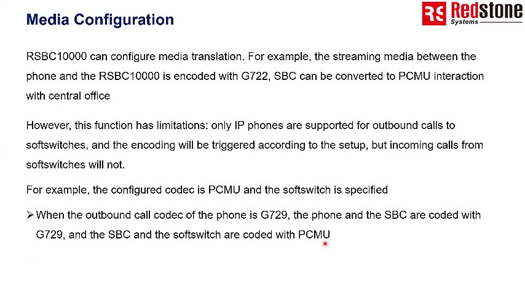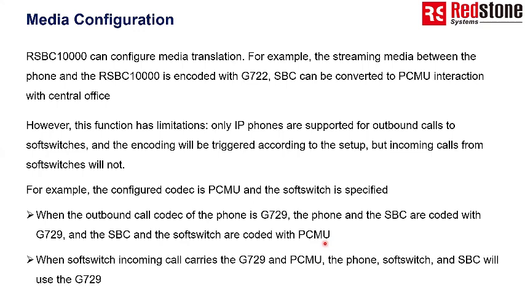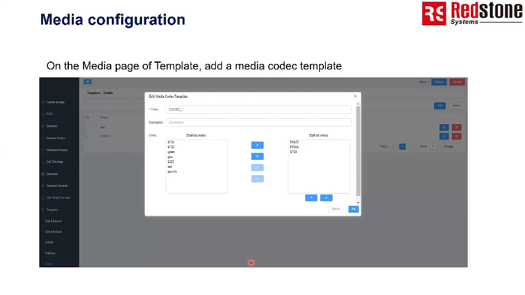Now for incoming calls: if the switch's incoming call carries both G729 and PCMU, then the phone, the switch, and the SBC will all use G729. The SBC will no longer use PCMU, only G729. So that's the media configuration, and of course, you can add media codecs here. You can add and disable the codecs as well.